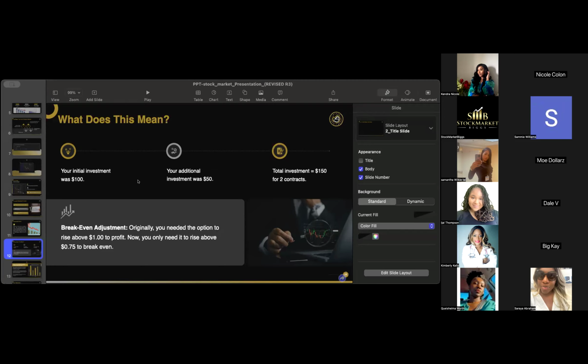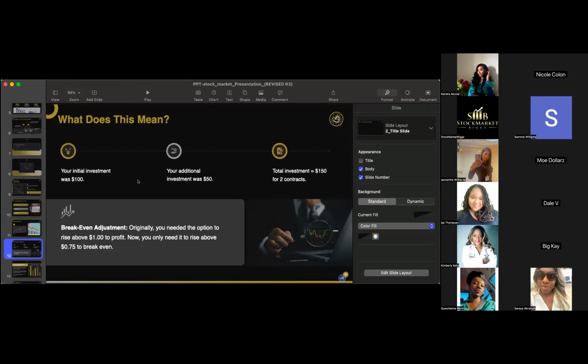That means the average cost of my contracts is now 0.75, or $75, instead of the initial $100. So if the price bounces back to that $75, I'm break even or in profit quicker.